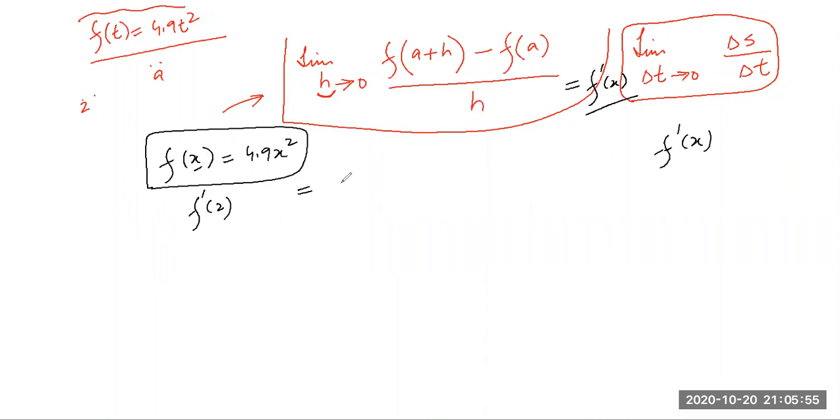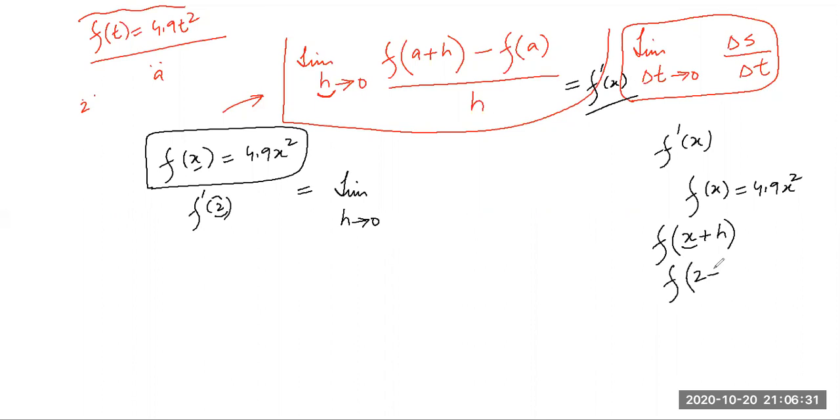So f dash 2 would be equal to limit h approaches 0. Students, my f of x is what, Ishma? 4.9 x square. Can you tell what will be f of x plus h? Particularly, what is the value of x I want? Derivative at 2 seconds, so I want to find f at 2 plus h.